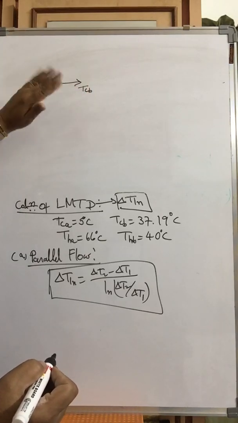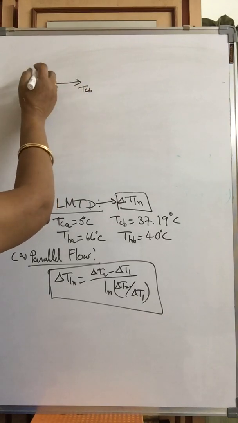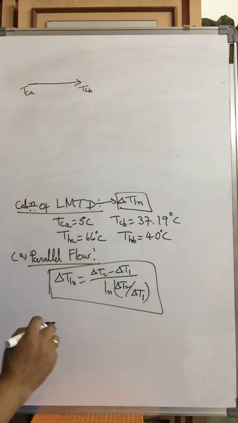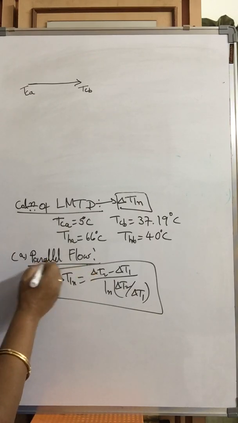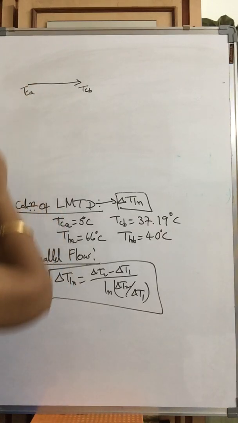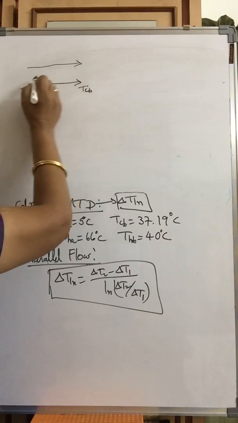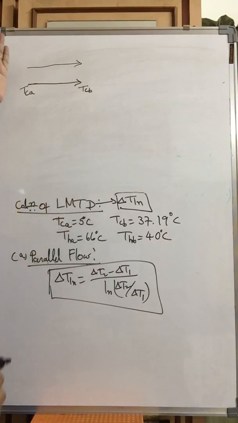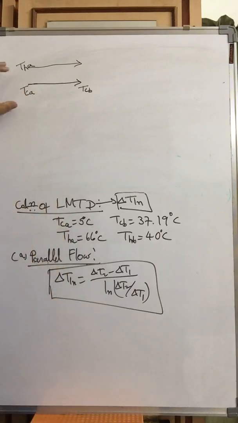First draw the cold fluid line, then above that draw the line for the hot fluid. In parallel flow, where the cold fluid is entering, the hot fluid also enters at the same end.